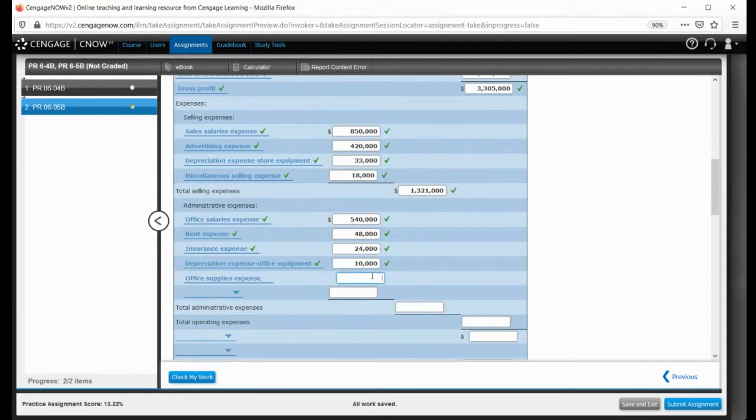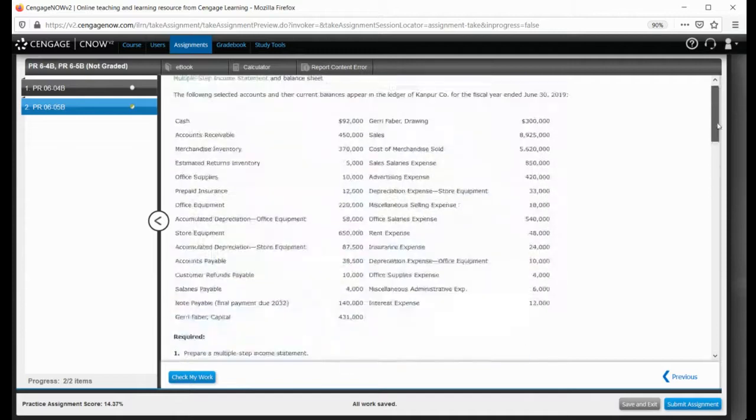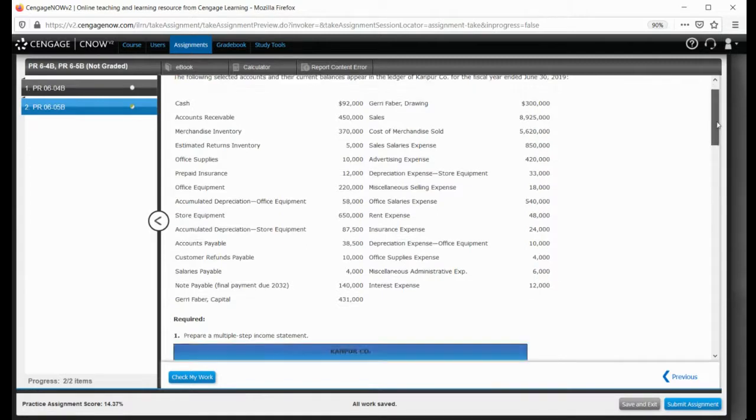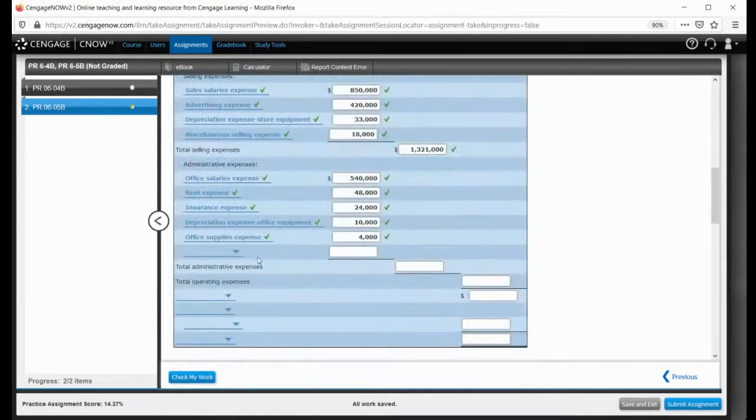Again, it was related to the office, so that makes it an administrative expense. And your last administrative expense is the miscellaneous administrative expense for $6,000.